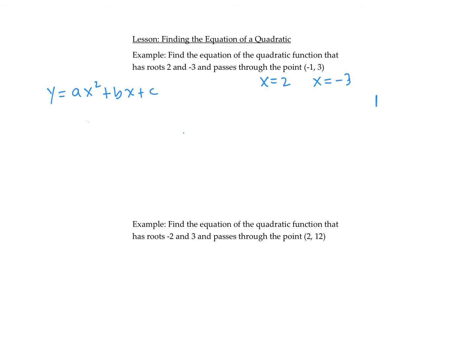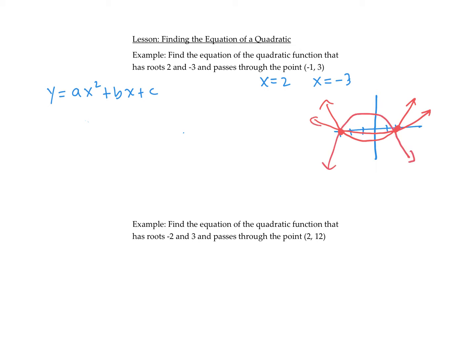So if we have roots 2 and -3, so we've got 1 at 2, 1 at -3. If we were only given the roots, we wouldn't really know exactly what it looked like. It could be concave up. It could be a little bit compressed. It could even be concave down.